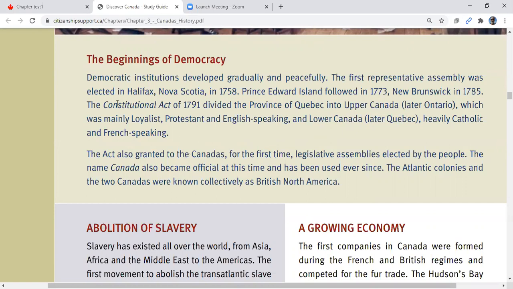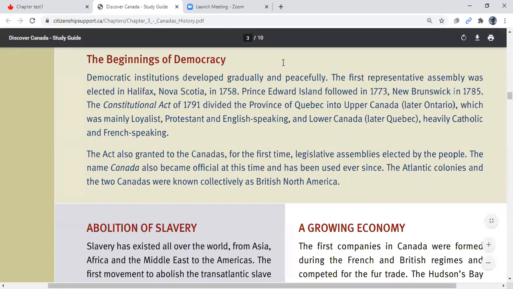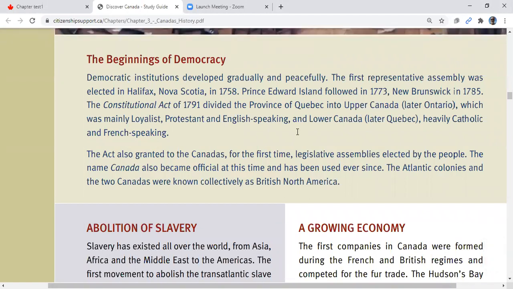So this is the Constitutional Act of 1791. What this did was make Upper Canada and Lower Canada. That's one thing. Then it said those two Canadas could have their own government. And it also made the name Canada the official name of the country.